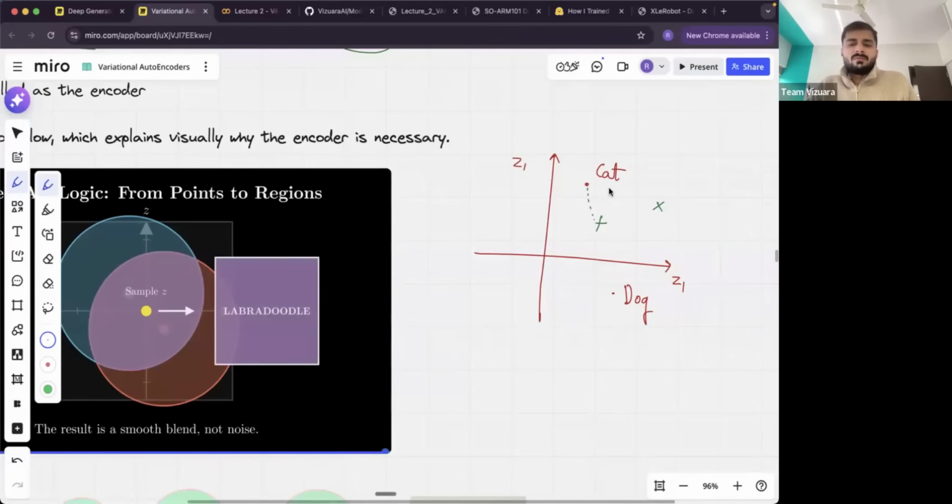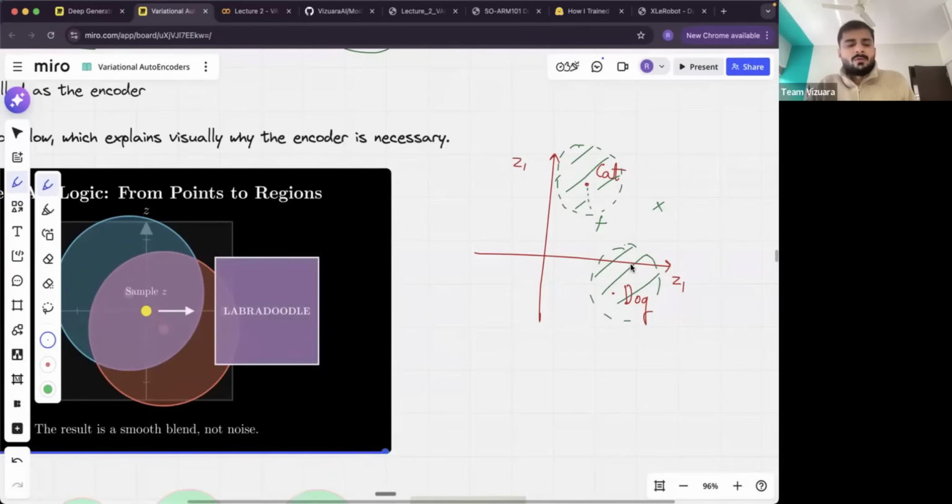So now instead of a single point meaning cat, you can say that the probability for cat is in this region. The probability for dog is in this region. So you fill up spaces in your latent space so that every single point in your space typically means something.